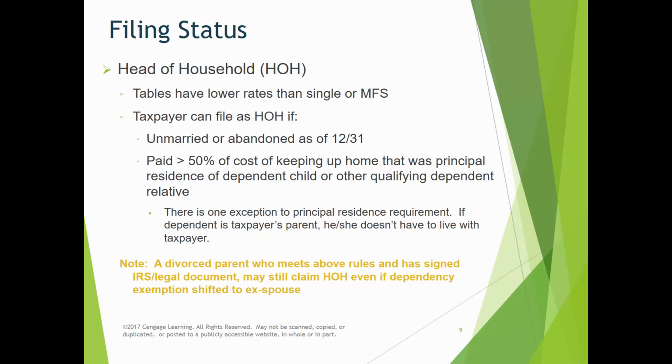She meets all the other requirements of a dependent, and I'm unmarried, so I get head of household. If I do the same for my disabled auntie, no, because she's got to live in my home. Does that make sense? So everybody's got to live in your home to get head of household, if you qualify as unmarried and you pay more than 50%, except for your folks.